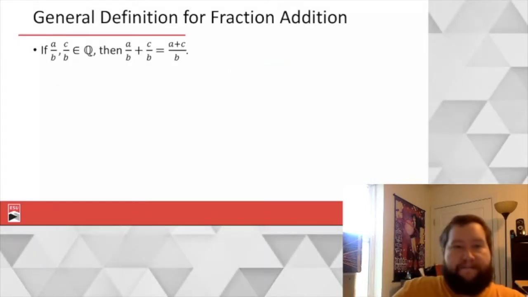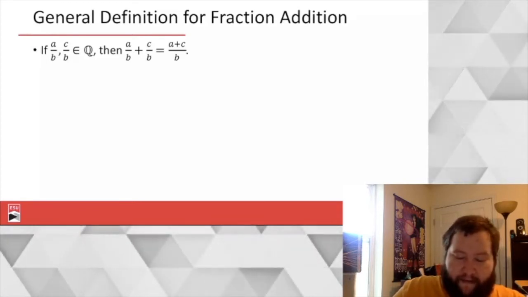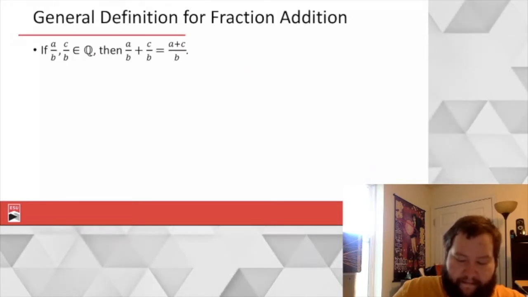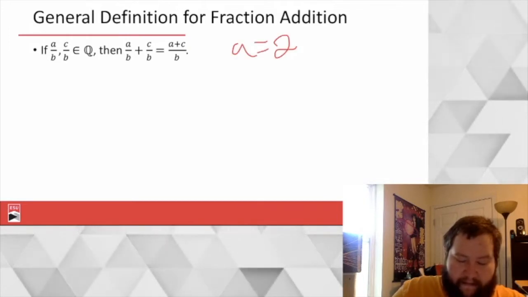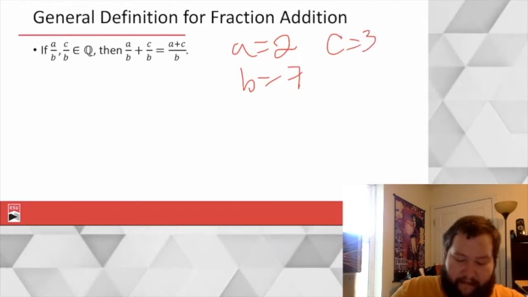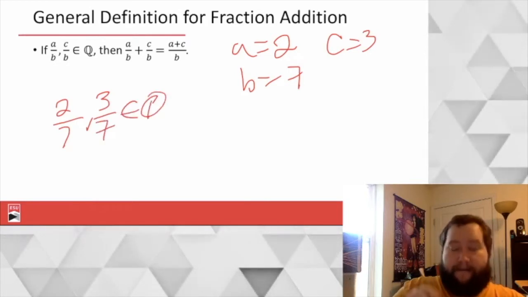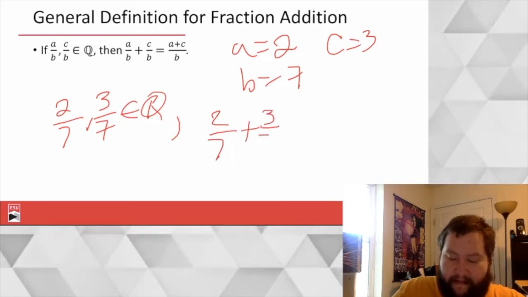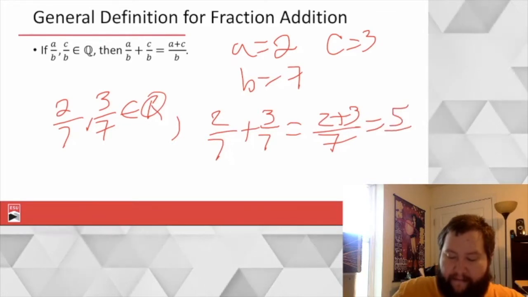Because in general, if we have a over b and c over b, for example, what was our previous one? 2/7 plus 3/7. A is 2, b is 7, c is 3. If 2/7 and 3/7 are both rational numbers, they are, then 2/7 plus 3/7 is 2 plus 3 over 7, or 5/7.